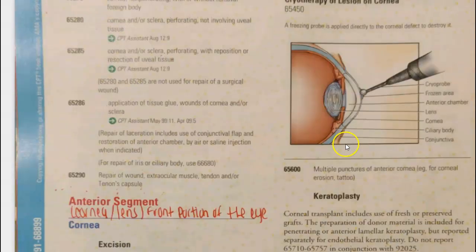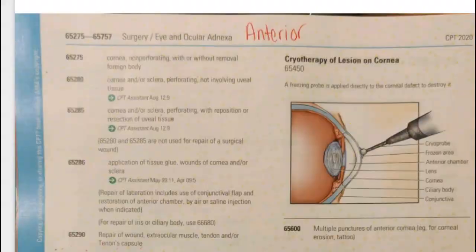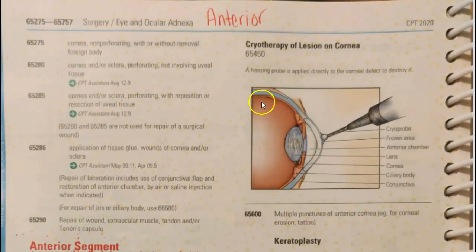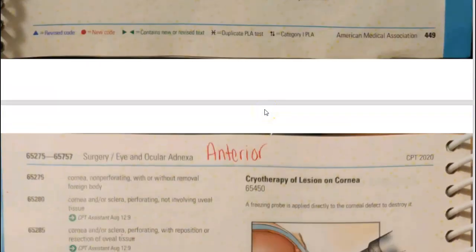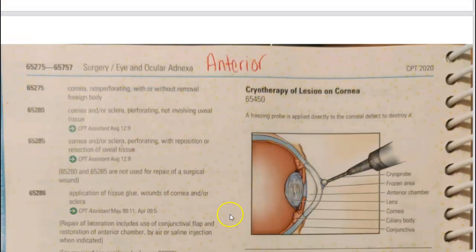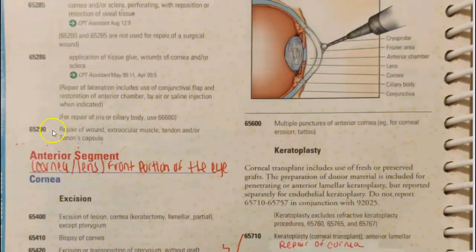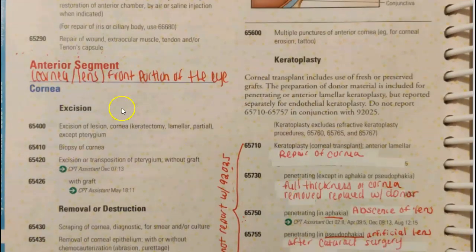I know that some of you have the 2021, some of you have the 2020 CPT. For these particular notes, they still apply for the 2021. So be sure that when you put in your notes, you only transfer those code notes that are still available.